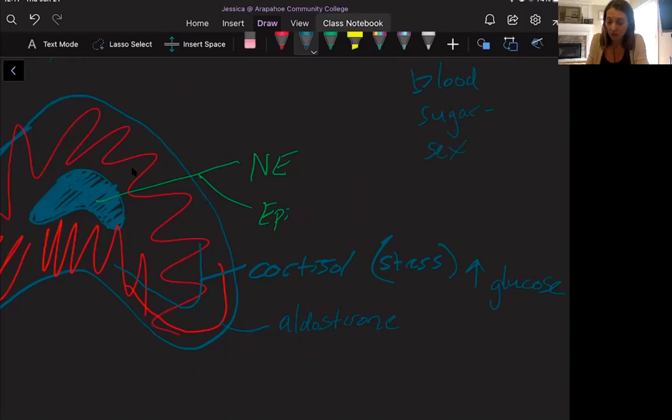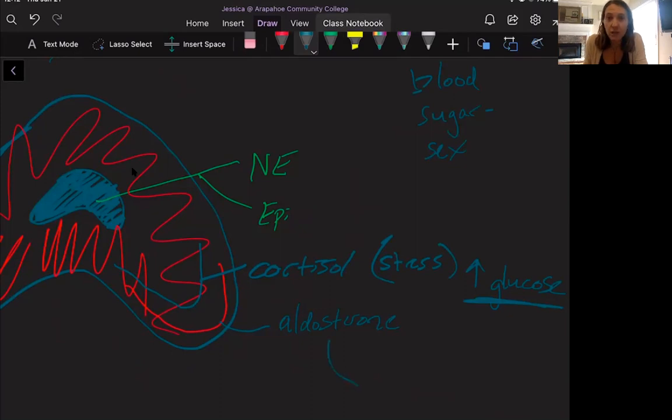In a stressful situation, you need energy to be able to help you handle it. So that's why the body increases glucose. But you can imagine that over time, people who have experienced chronic stress can ultimately have higher blood sugar levels than would be ideal.